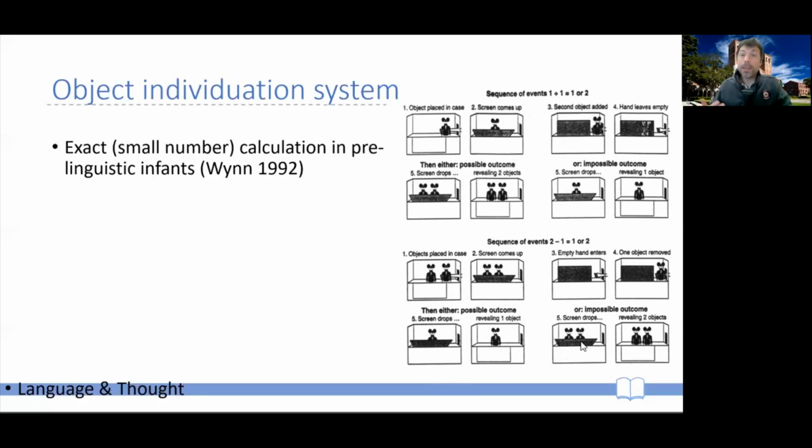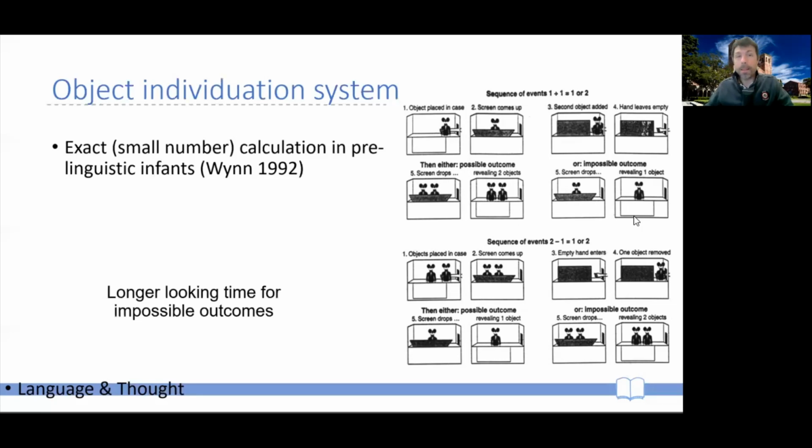Turns out, in both this addition context and this subtraction context, children look longer at the impossible outcome, as if they were thinking, wait, that's not right. Or at least they notice that the possible and impossible outcomes are different.